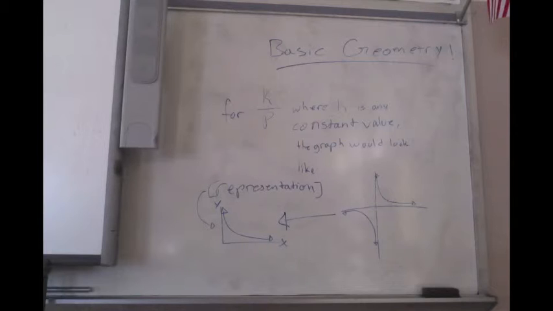So the representation on the bottom left side of the board is basically the first quadrant. And what the first quadrant explains is how as x reaches 0, y shoots up and reaches for infinity.